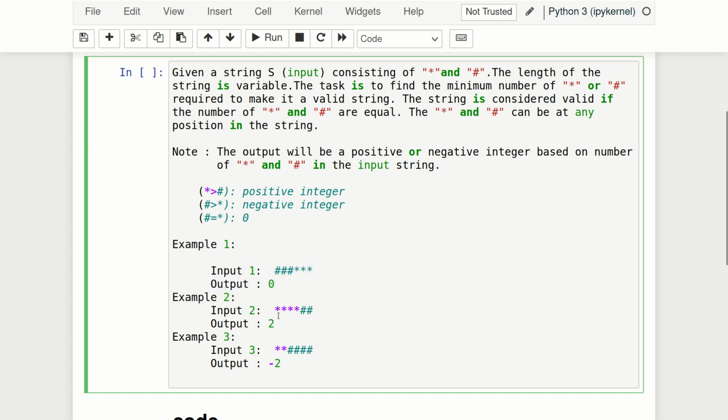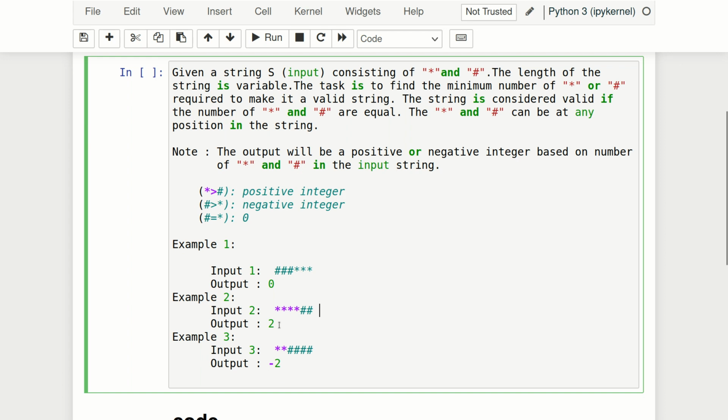Now if you see the second one, the number of stars is 4 and the number of hash is 2, so both are not equal. To make it equal we need 2 more hash symbols.